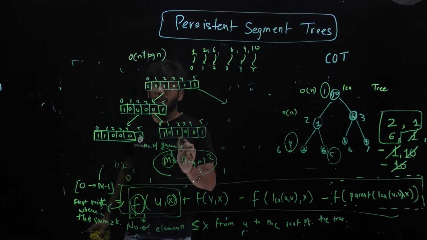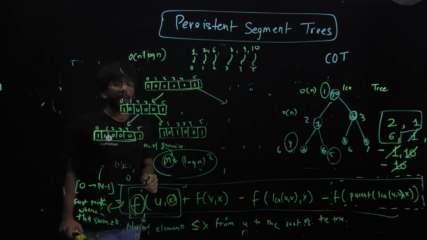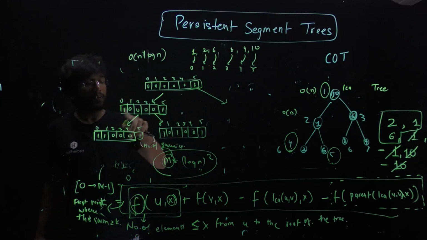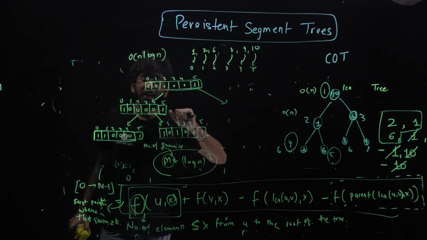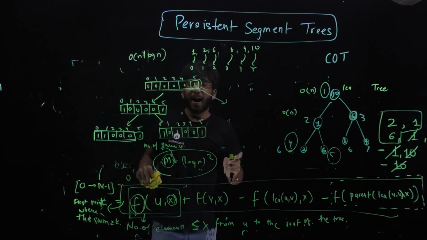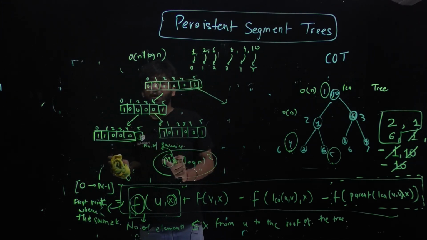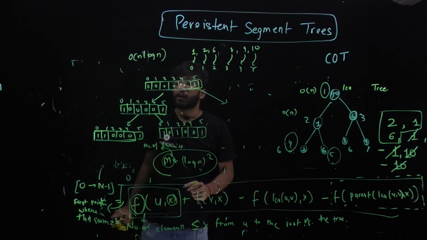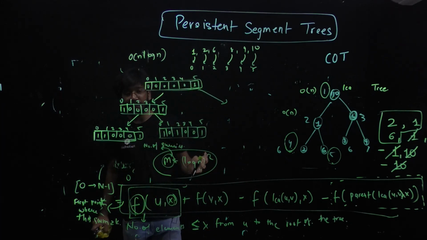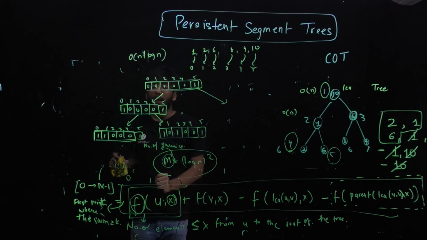Since I know the segment tree for this, there's only one update that the child of a parent brings into its segment tree. So that's where I just need log n nodes for that particular child in extra to the nodes of the parent. The other nodes that aren't changed actually point to the nodes of the parent, and the nodes which are changed are actually created for the child again.